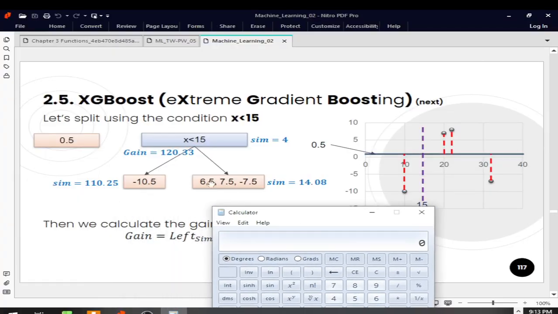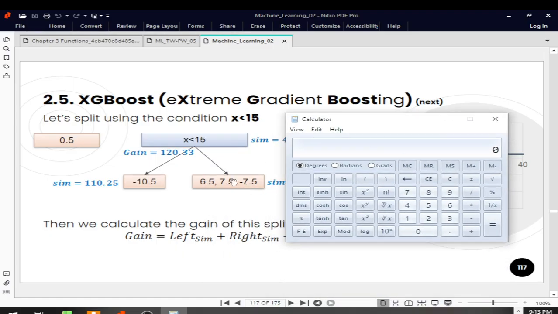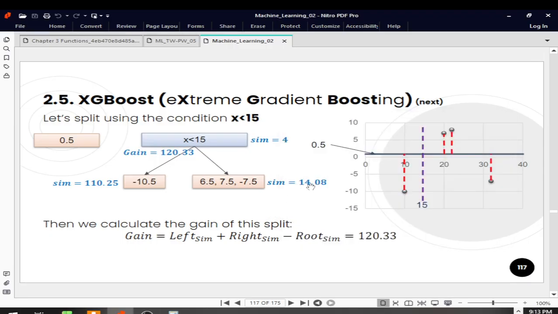So always we do the sum of this, we square them, we divide by the number. Since lambda equals 0, this is gone with this. We got only 6.5 squared multiplied by 6.5 divided by 3. We've got 14.08. So I hope now this is clear.